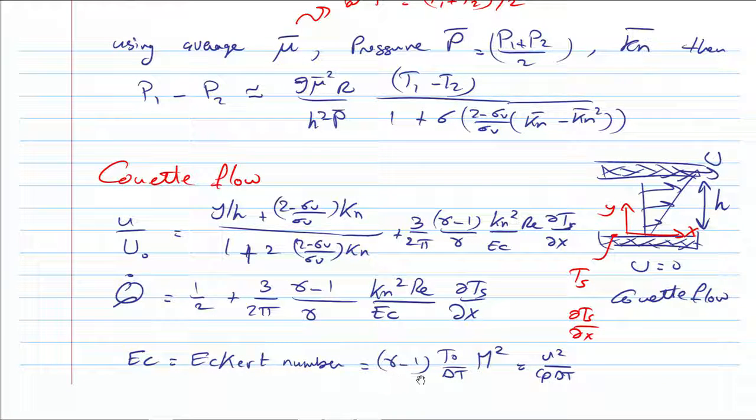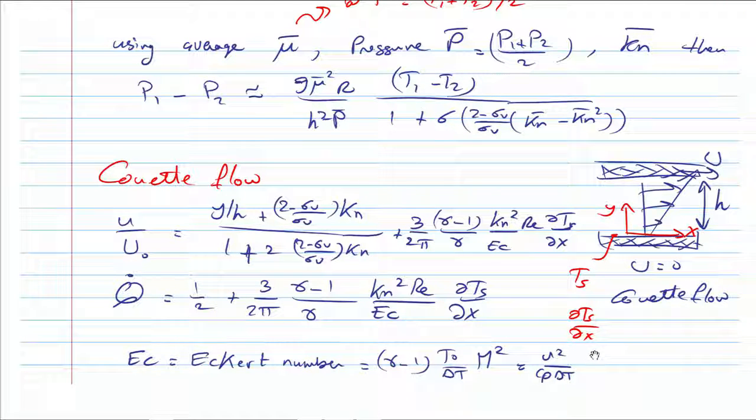What is gamma R over gamma minus 1? That's another reason that the gas constant R is important. Because gamma R over gamma minus 1 is Cp, the specific heat at constant pressure.